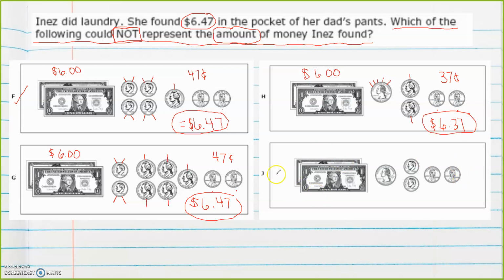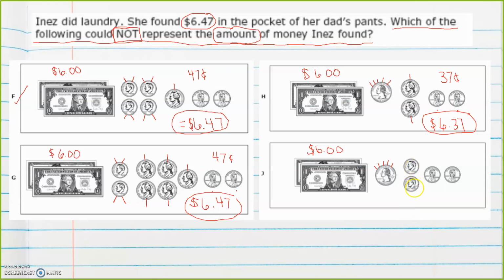Let's go count this. Answer J. $5 bill and a $1 bill, which is $6. Now let's count our coins. I have 25 cents, 5, 10, 15, 20, 25.